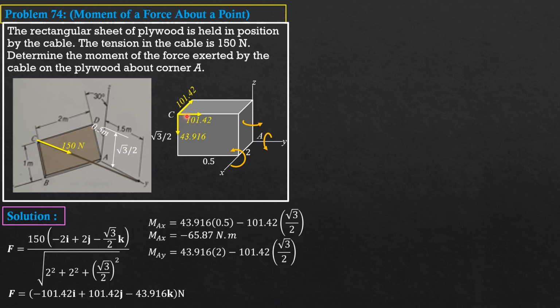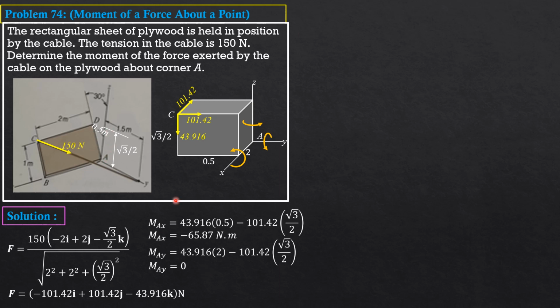So this 101.42 is not involved because it is parallel to the y-axis. So MAY is equal to 0. It is really 0 because the force passes through, you look at the original figure, it passes through this point. This is the y-axis. So that's why moment about AY is equal to 0. So it only checks that it is really 0.